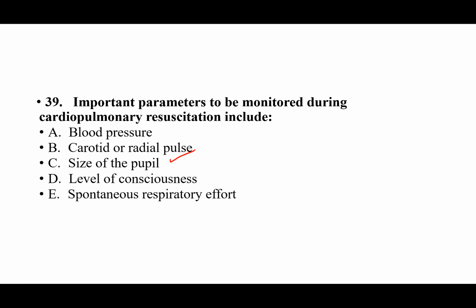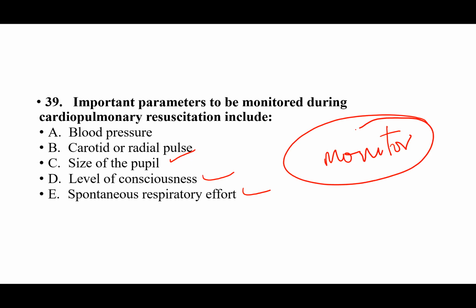Everything except C. Now, of all this, which one is the most reliable? It's urine output, but it's not here. Carotid and radial pulse. Whether patient is dead or alive, which one is most reliable? B, carotid or radial pulse. No. B and E, sir. No. Spontaneous respiratory effort.